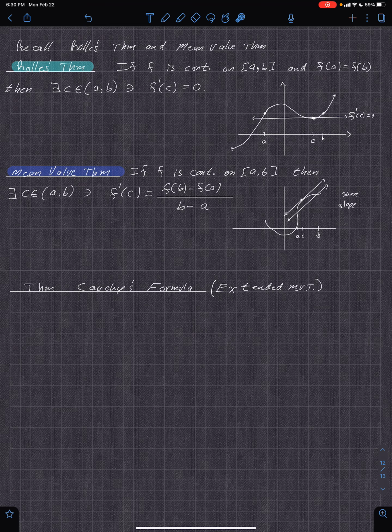If, single variable, f is continuous on the closed interval from a to b, and the endpoints are equal, f of a equals f of b, then you can say that there exists a value c in the open interval from a to b such that f prime of c is equal to 0.